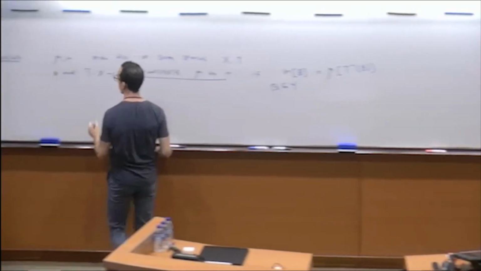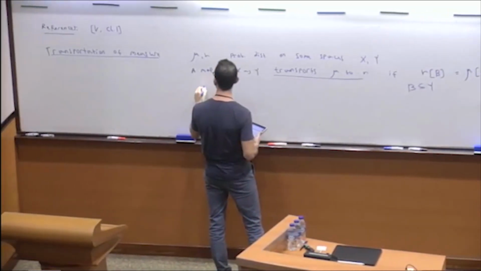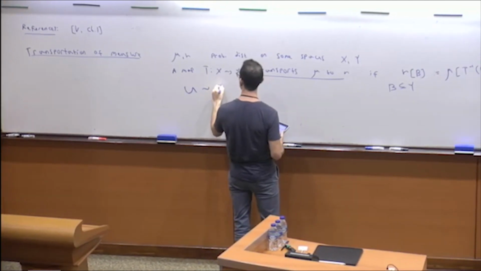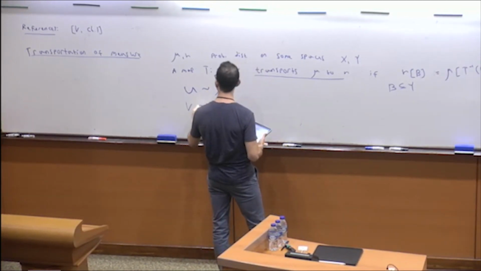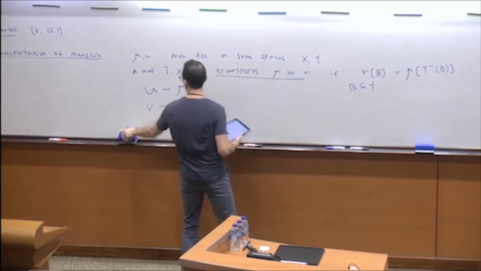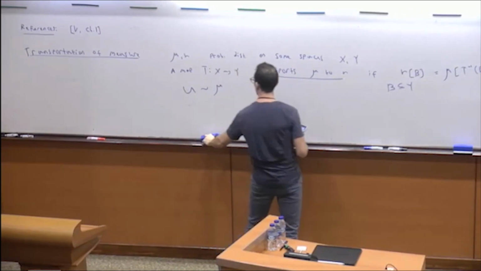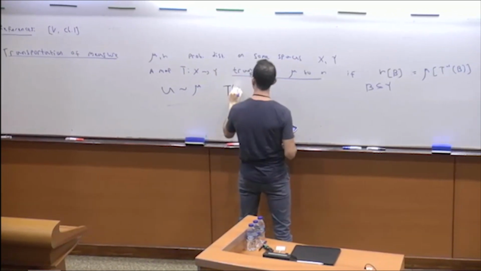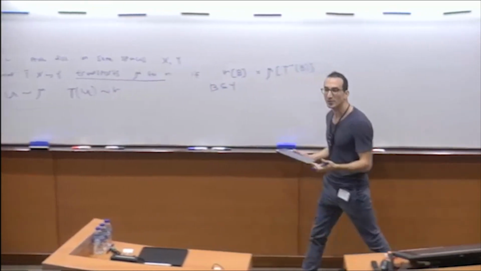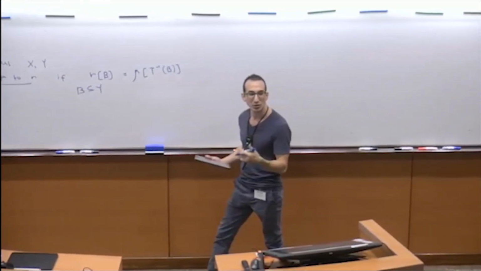So maybe probabilistically we can say that if we have U, which is sampled according to mu, then T of U is going to be sampled according to nu. That's another way of saying that T maps mu to nu.